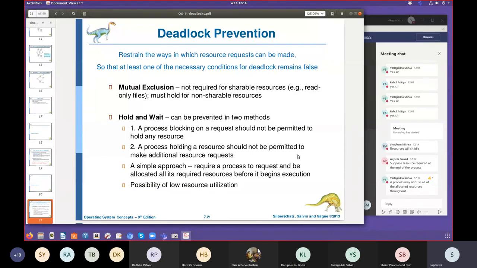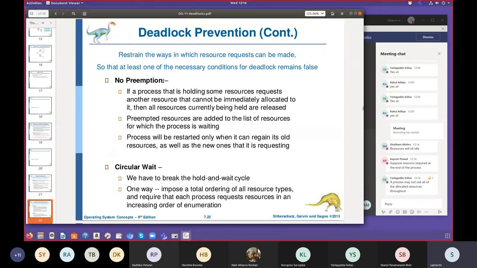That's not an ideal scenario. Resources are costly, therefore we want them to be shared as much as possible. Therefore, allocating resources to the process throughout its lifetime is not a very good option.